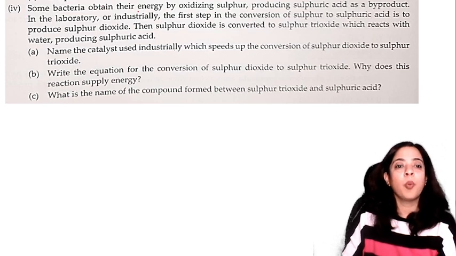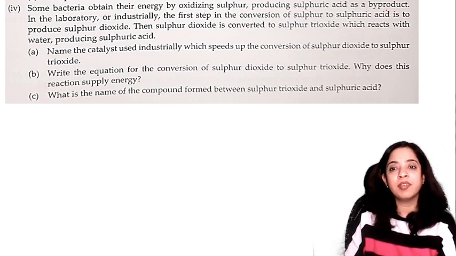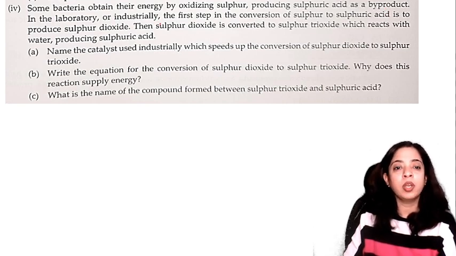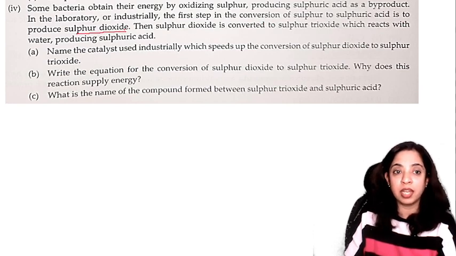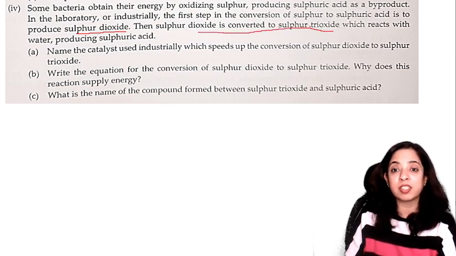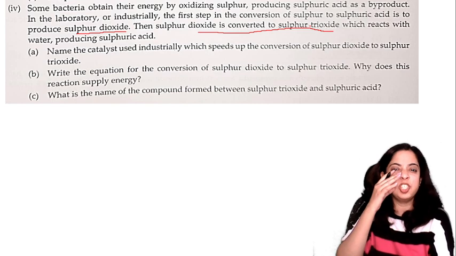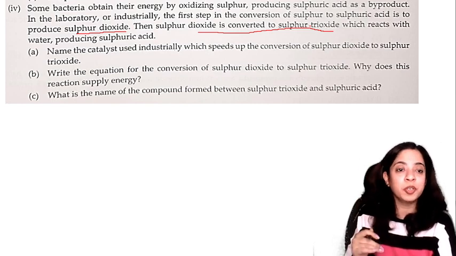Some bacteria obtain their energy by oxidizing sulfur, producing sulfur dioxide as a byproduct. Now, in the laboratory or industrially, the first step in the conversion of sulfur to sulfuric acid is to produce sulfur dioxide, right? Then sulfur dioxide is converted to sulfur trioxide. Look, in the earlier question we had initially got this order. Do you remember?